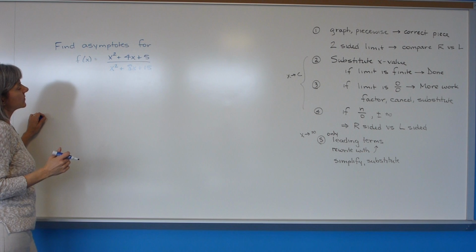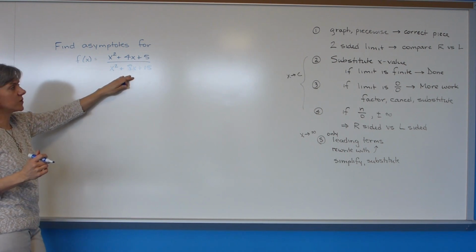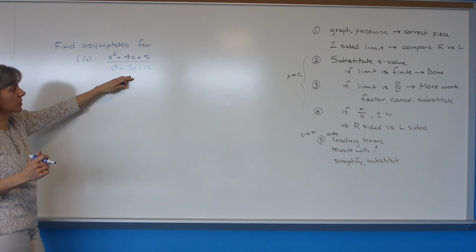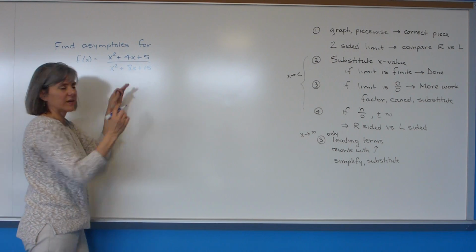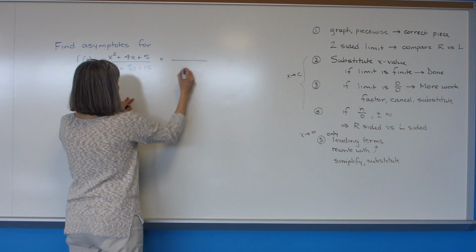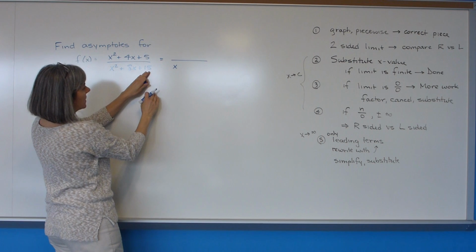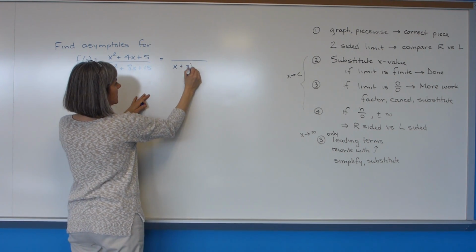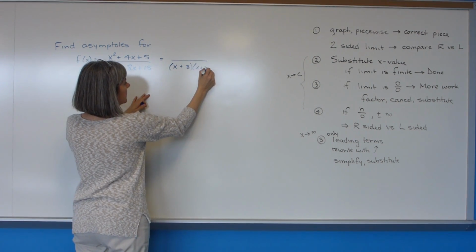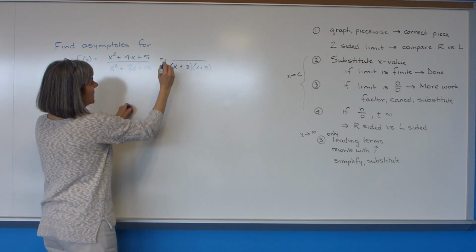Okay, so we know we're going to need to do some factoring on the denominator to get vertical asymptotes. Let's go ahead and factor the numerator while we're at it. So x, this would be 3 and 5, so x plus 3, x plus 5. And here, 4 and 1, I see.